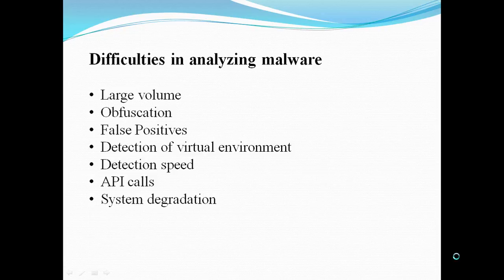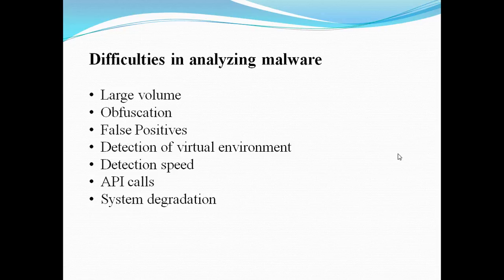Firstly, the volume of malware is very large and it is really difficult to handle such a large volume of malwares. I mean, the database has to be really strong and large, if the malwares are growing at a very high pace, approximately 1200 malwares per day or per hour.